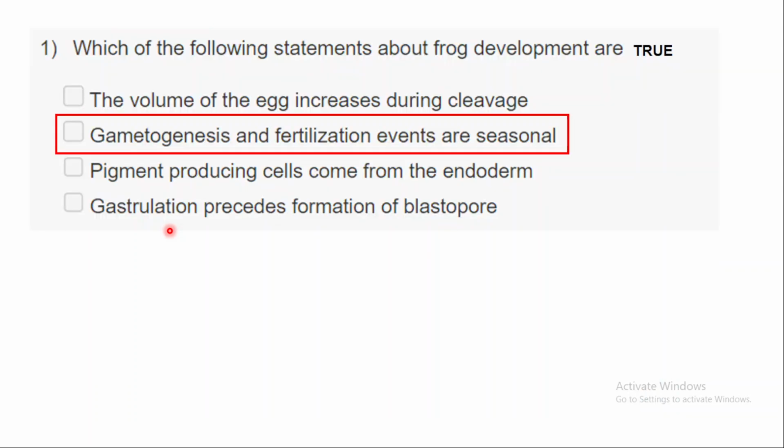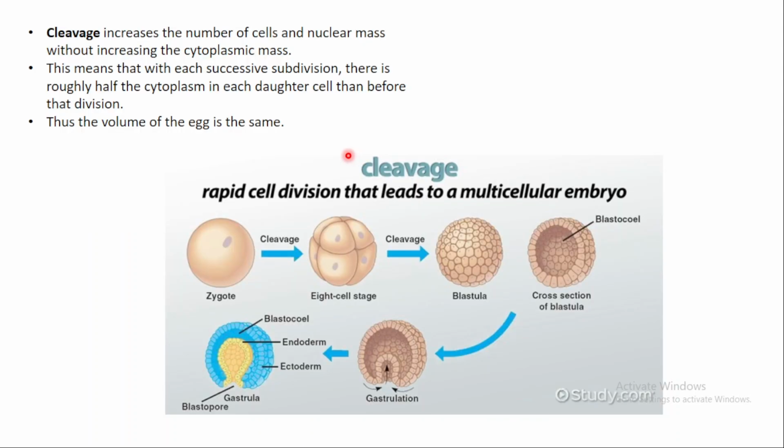If you see the first option, the volume of egg increases during cleavage. So what is cleavage? Cleavage is a kind of division in which there is an increase in number of cells and nuclear mass without increasing the cytoplasmic mass. It means the volume of the egg is the same.